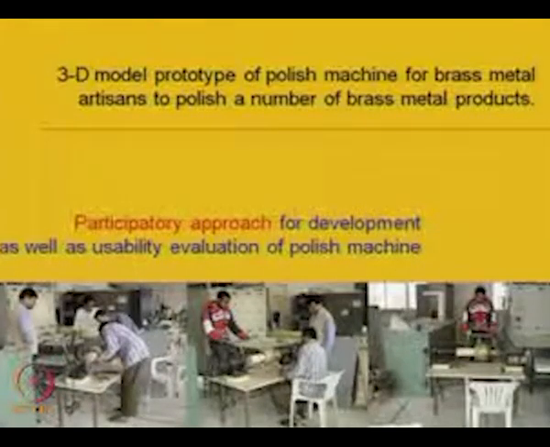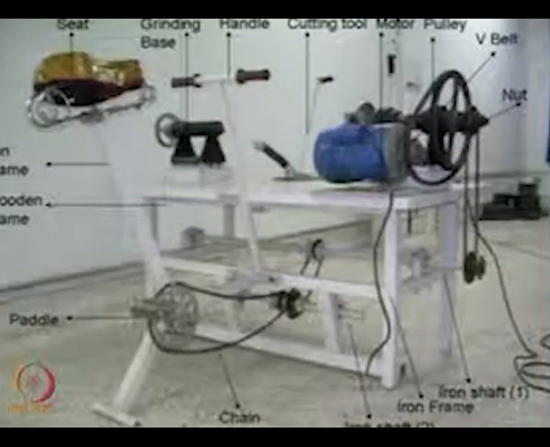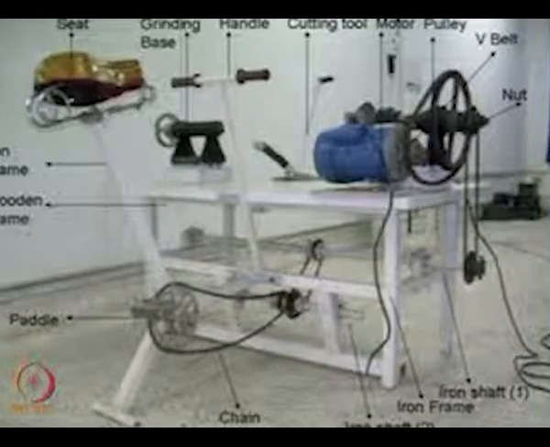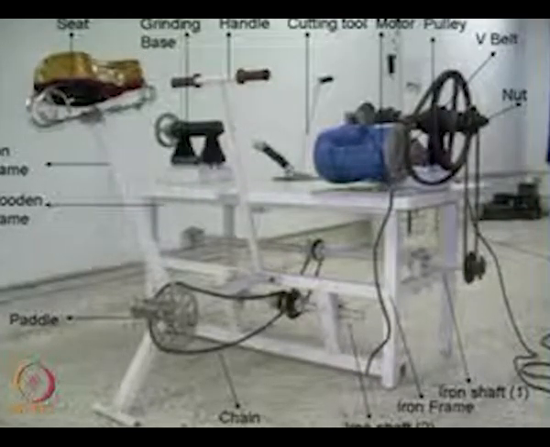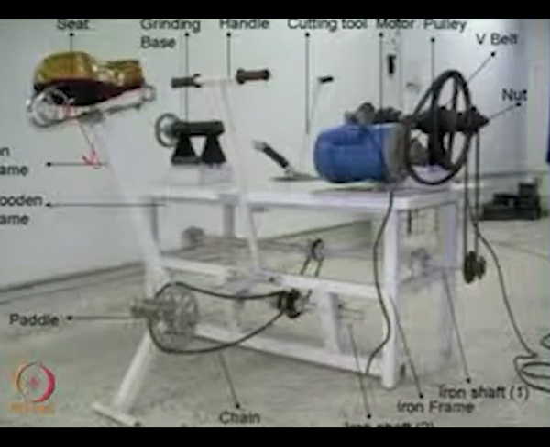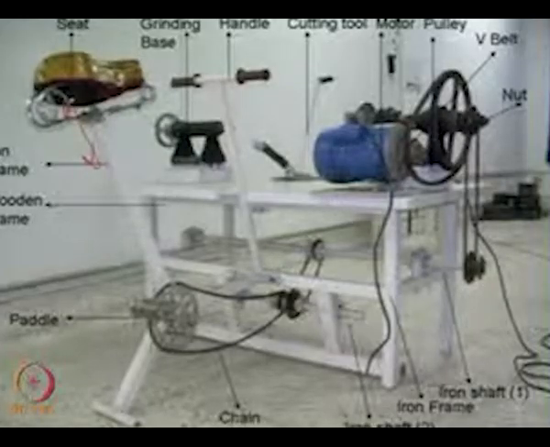Now, this is the actual product. The workstation was developed, which is a higher platform. On one side is a cycling facility, where one can adjust the height and then the angle. This is the handle.